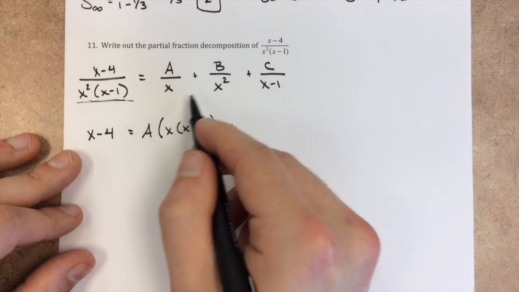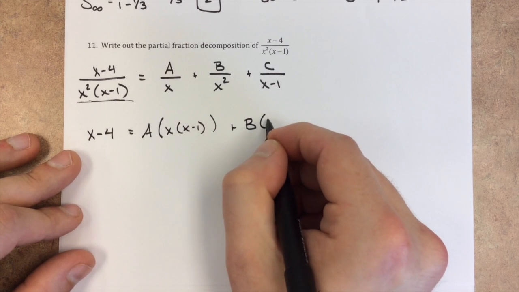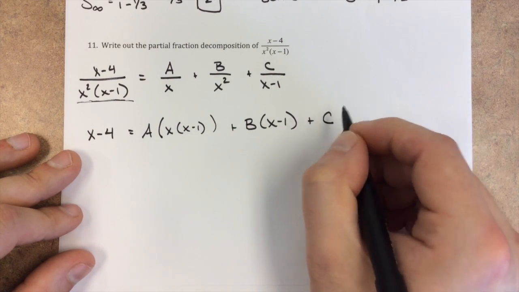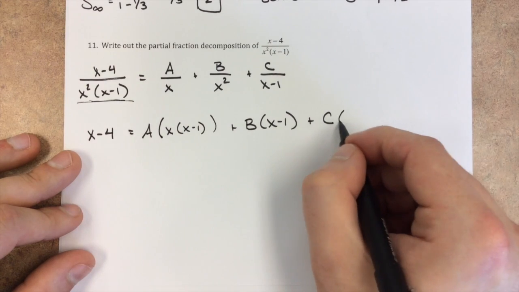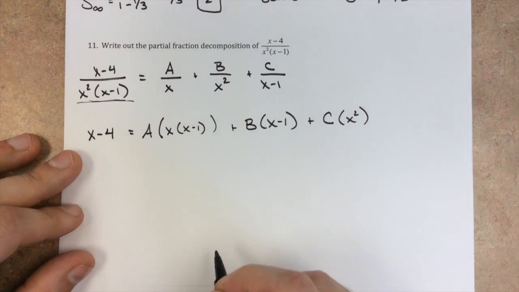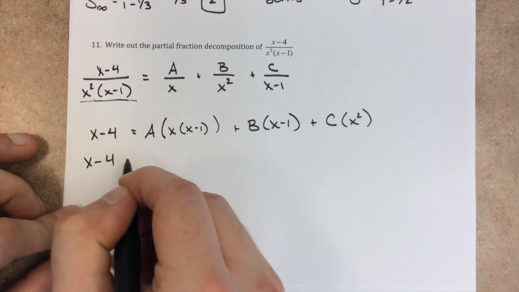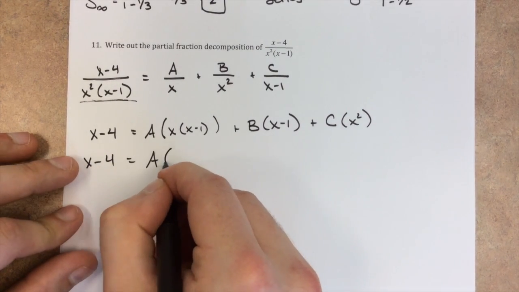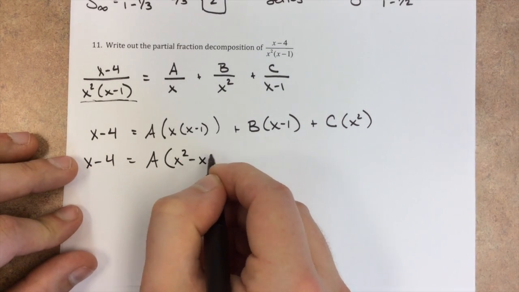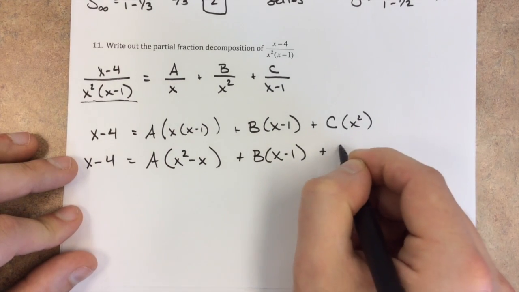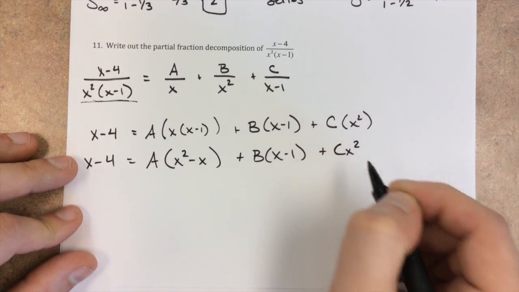Next one, both of the x squareds cancel, so it's b times x minus 1 plus c, the x minus 1 cancels, times x squared. Now if I do a little math here, I get a x squared minus x plus b times x minus 1 plus c x squared.